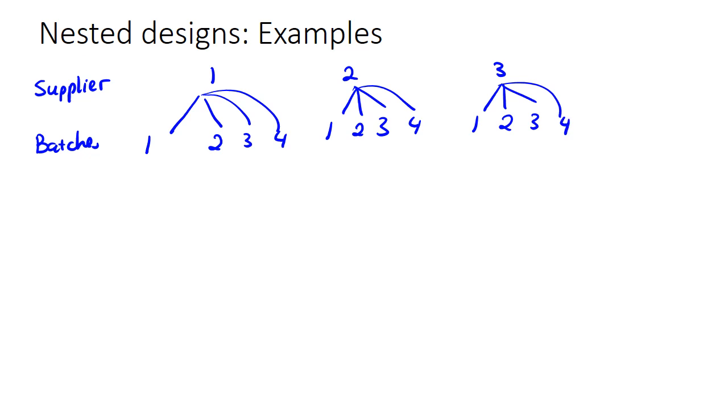In this case, batches are nested within suppliers, as batch 1 from supplier 1 is not the same as batch 1 from supplier 2 and batch 1 from supplier 3.